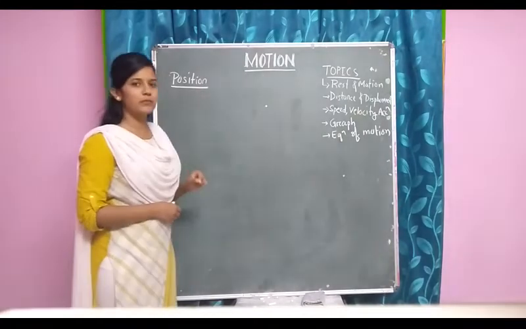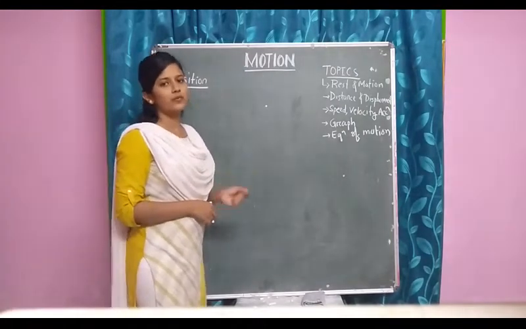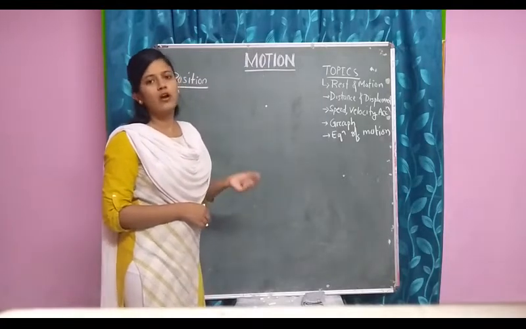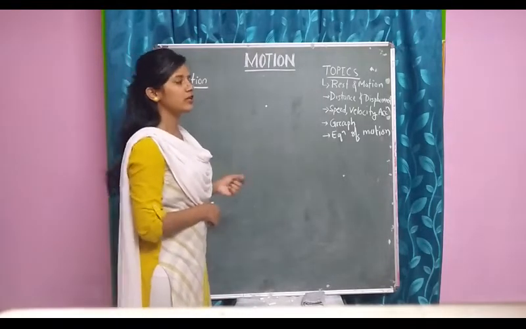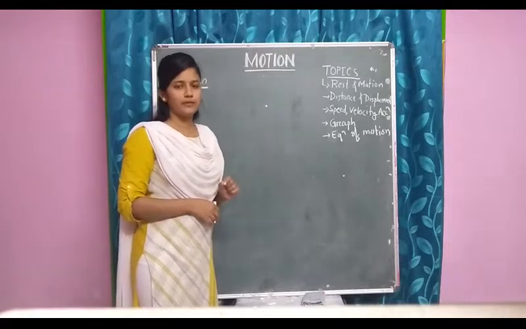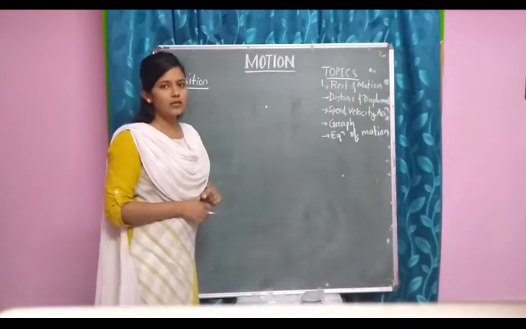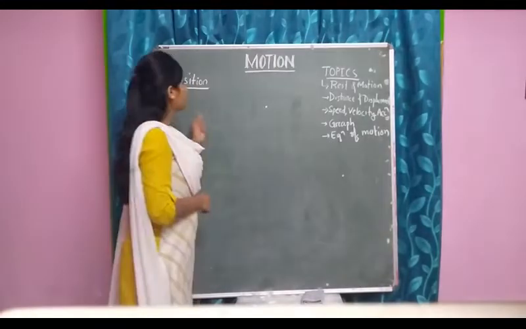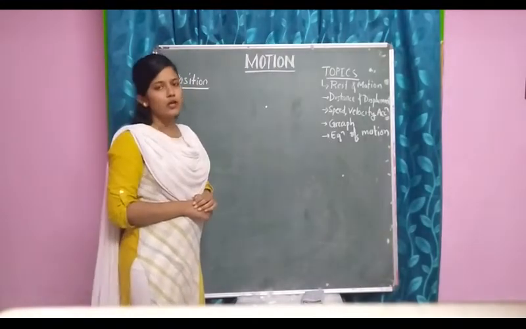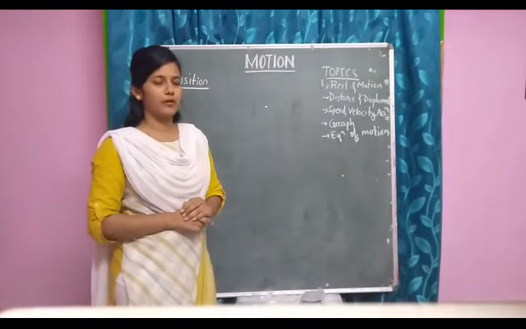Frame of reference means we have to choose an origin, which is called the reference point, or our zero point, or we can say our starting point. For a different frame of reference, the position will be different.